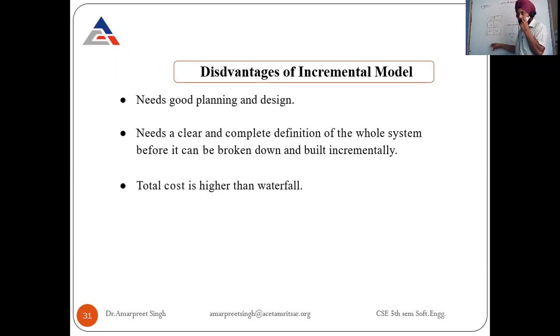So the total cost is higher than the waterfall, but it is less than the prototype model. So here we complete with which model? The incremental model, which is also known as the evolutionary model.